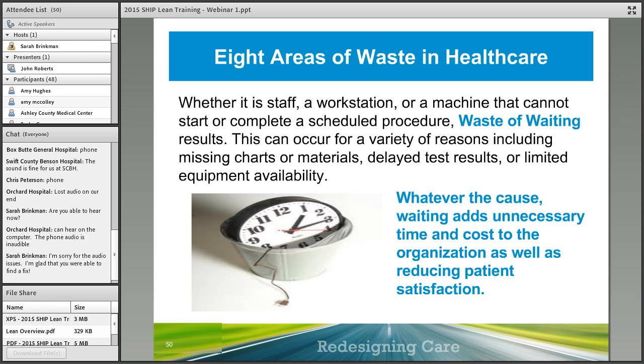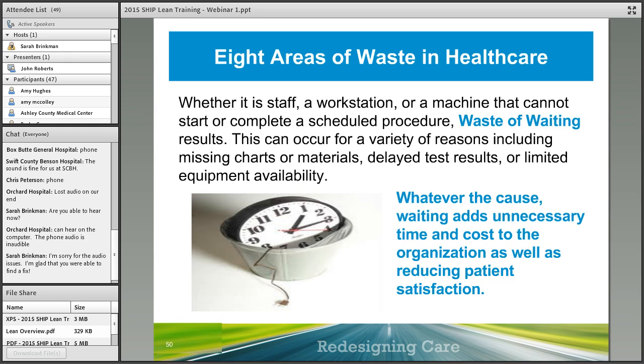It could be waiting for a next event to occur in the process activity. It could be making the patients wait. It could be employees waiting because they're waiting for somebody else in the process to deliver test results or other types of supplies or materials. It could be a patient waiting for an appointment.